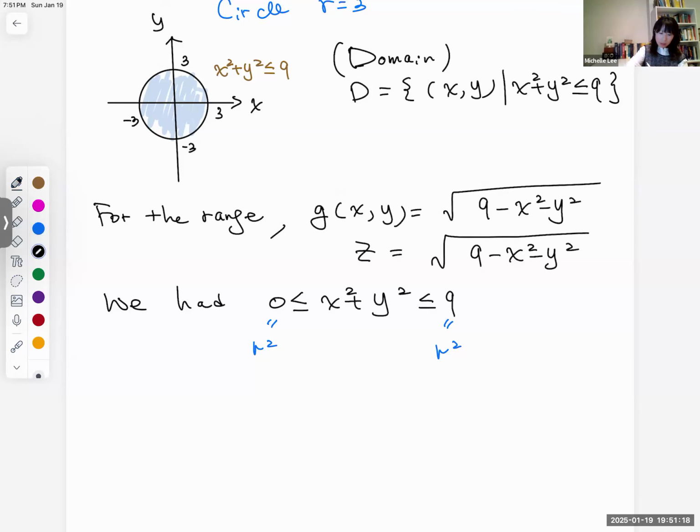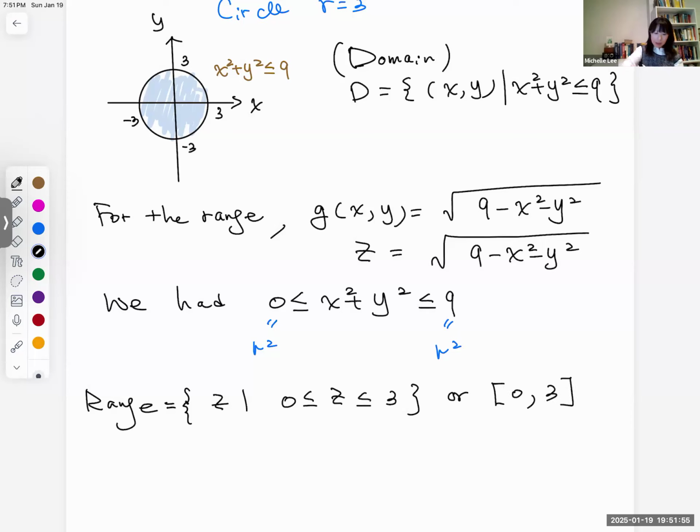So the range, let's just use range then, since there are too many r's. So we have a z such that, how do we indicate? z is between 0 and 3. Make sense? Or we can express this as the interval from 0 to 3. Since they have equal signs, we're using brackets.